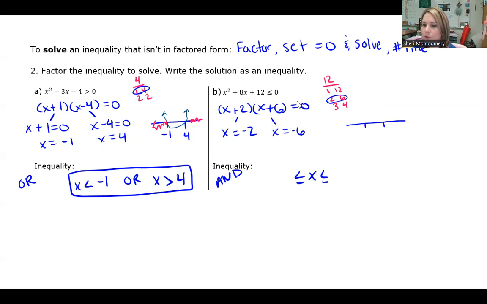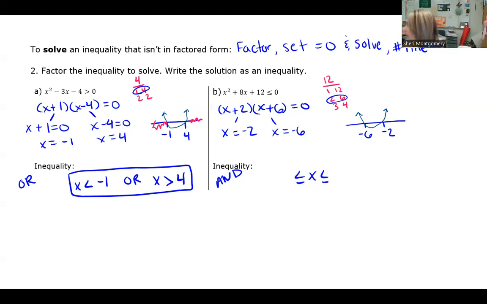If I go put those on a number line, which one is smaller? The -6 is further away from 0. So -6 and -2. So you do have to be mindful. They aren't always that the left one goes on the left. Is this a positive graph or a negative graph? Positive. So my graph would sketch on like that. And when I look at it, it's saying less than.